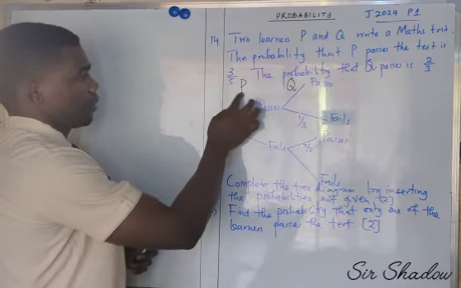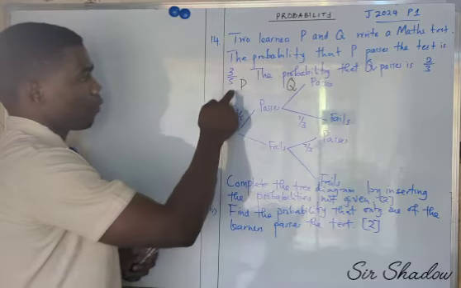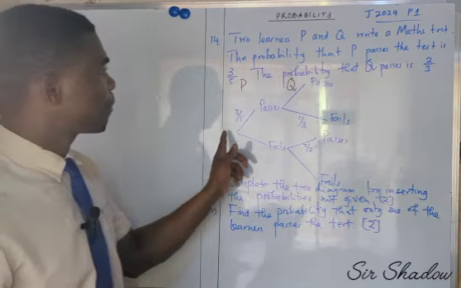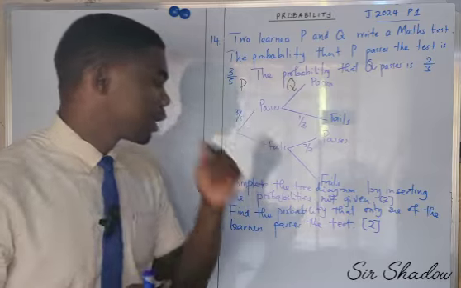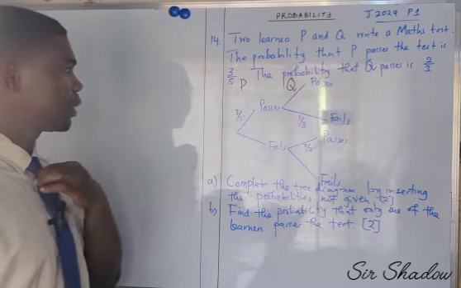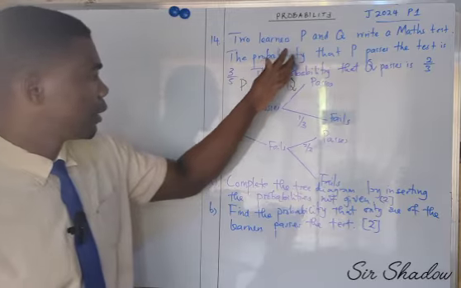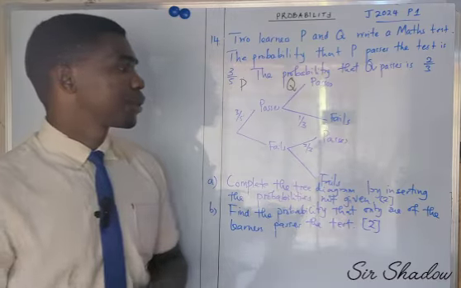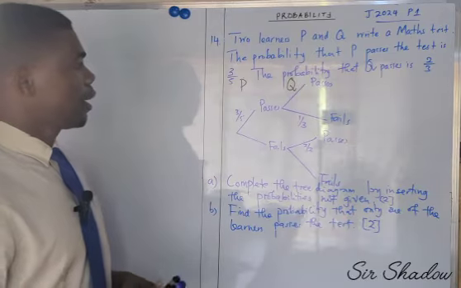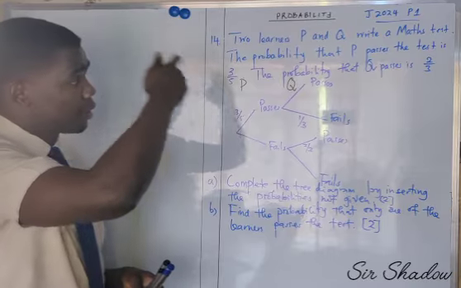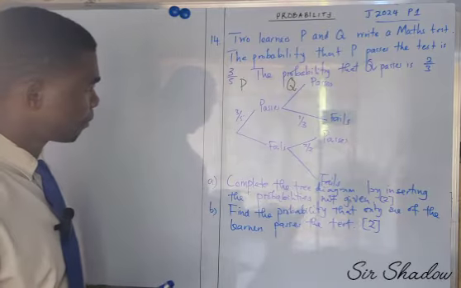The first pick is for learner P, then the second one is for Q. So P is here, then Q is here. Since the first pick is for P, the second one is for Q. We want to complete this given incomplete tree diagram.